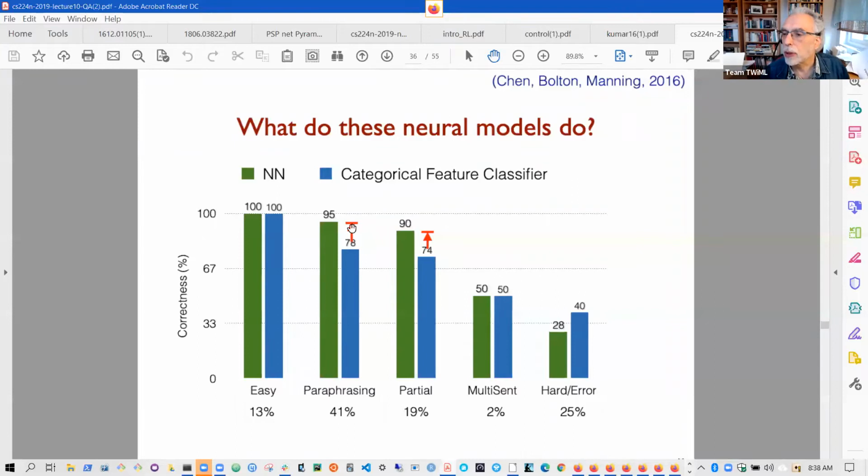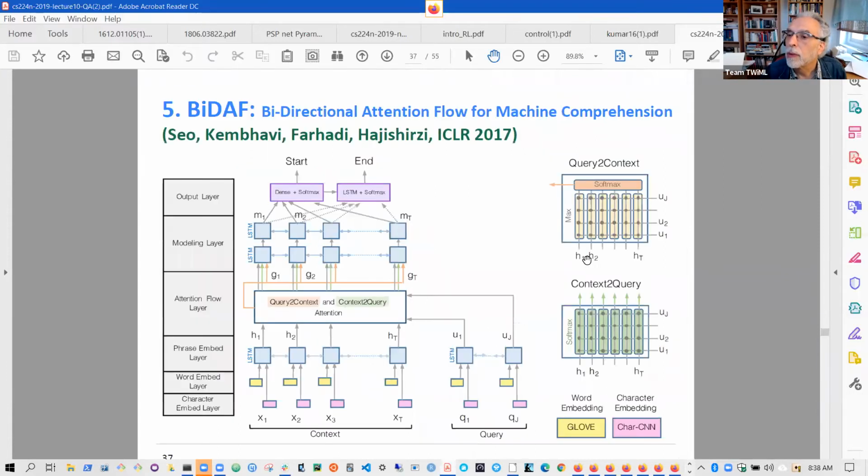So the neural network wins big when the answer to a question is a paraphrase of it, and when the answer to the question is only partially contained in the passage. Okay, so that's basically saying what do we get from neural networks that we didn't have before?